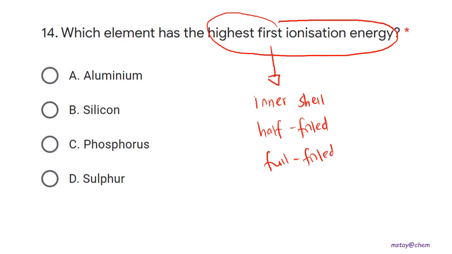So in this case, the answer will be phosphorus, because phosphorus is an element in group 15. So 1s2, period 3, 2s2, 2p6, 3s2, 3p3. So 3p3 shows that the p orbital is half filled, so that's why the first ionization energy is the highest.